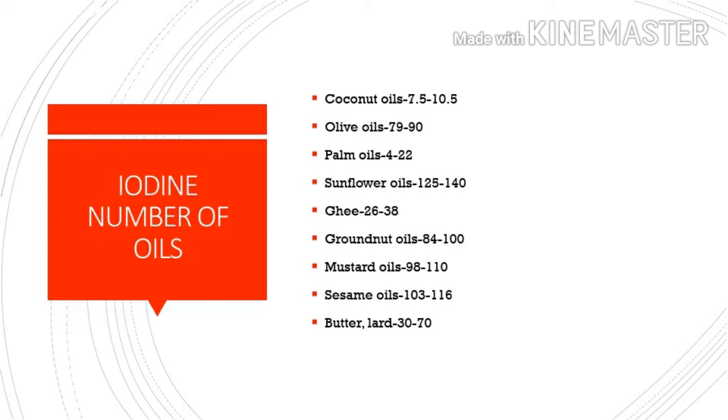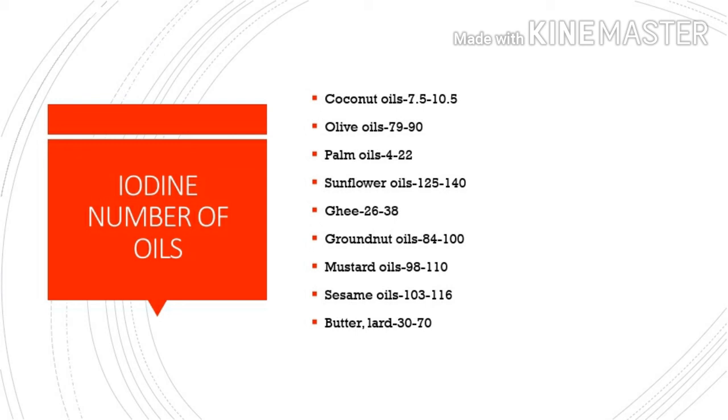The iodine number of oils: coconut oil 7.5 to 10.5, olive oil, it's not 7, it's 79 to 90, palm oil 4 to 22, sunflower oil 125 to 140, ghee 26 to 38, groundnut oil 84 to 100, mustard oil 98 to 110, butter and lard, that is big fat, 30 to 70. So this is the iodine number of some of the oils.